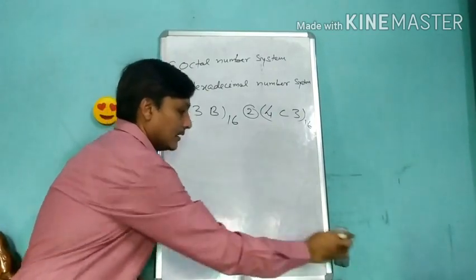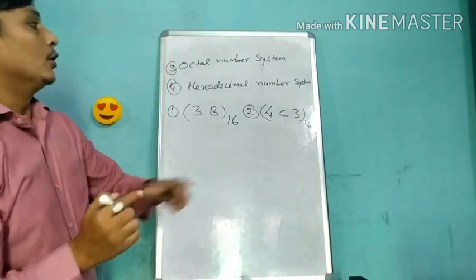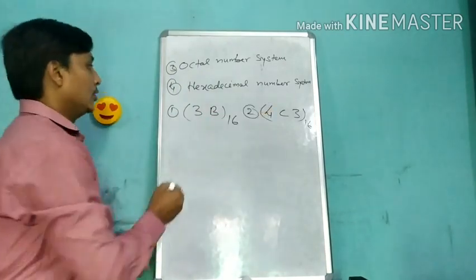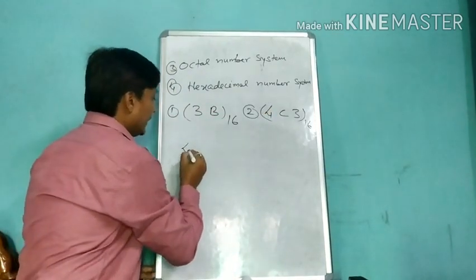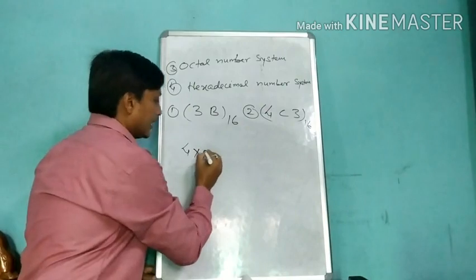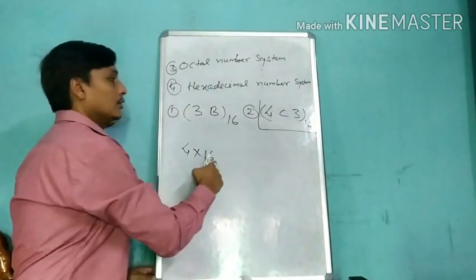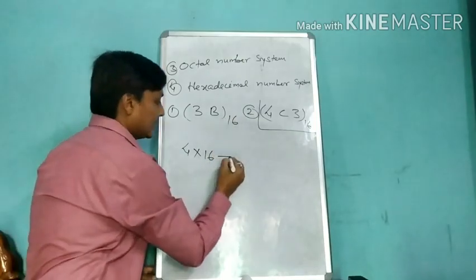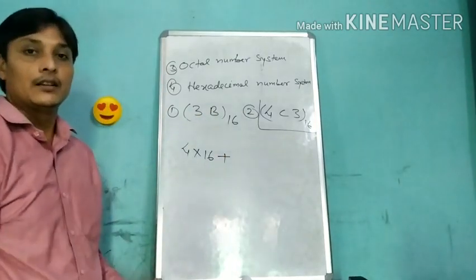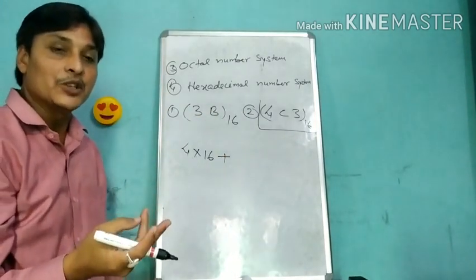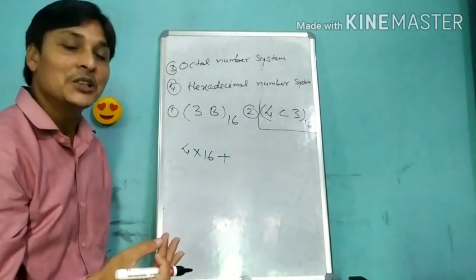Student, we have 4C3. So you have to write 4 into 16. I am solving this one. Pay attention. 4 into 16 plus, what is the value of C? A is 10, B is 11 and C is 12.